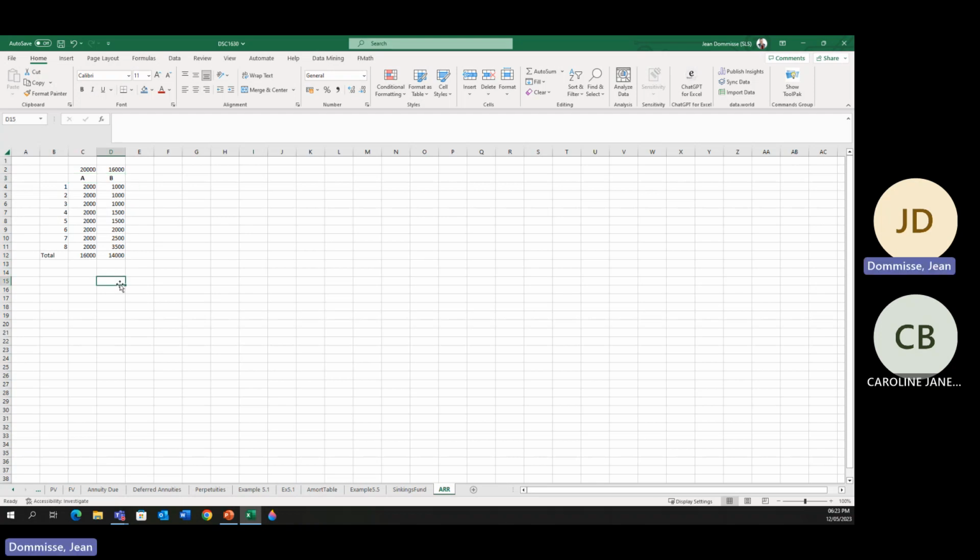The question was, you're considering these two proposals, which one would you choose on the basis of the average rate of return?